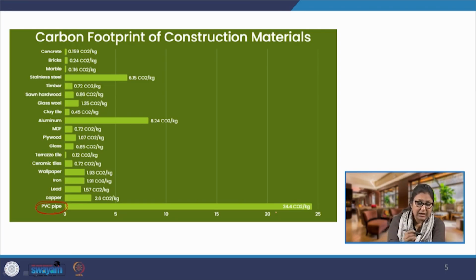But if we look at the other two, which are steel and aluminum here, they have, of course, much lower than PVC pipe, but significantly higher than other building materials, the carbon footprint or emission intensity. Now, when we look at these two materials, we also see that the trend of usage of these materials is increasing day by day.